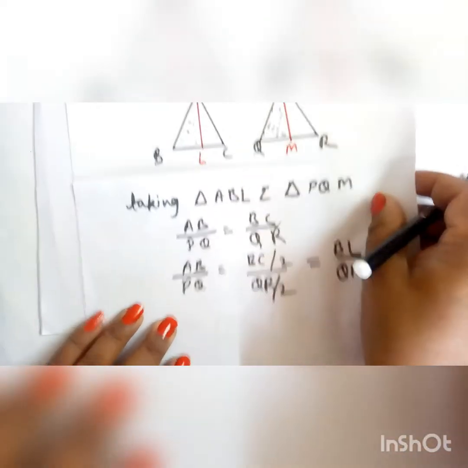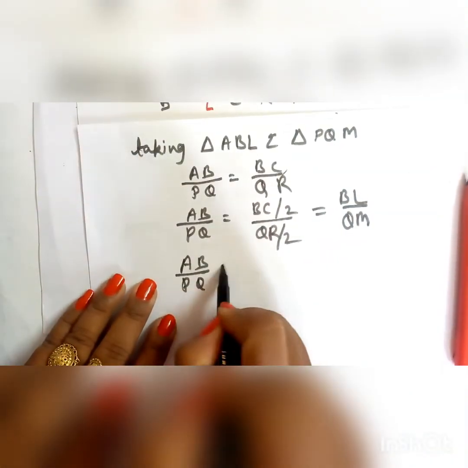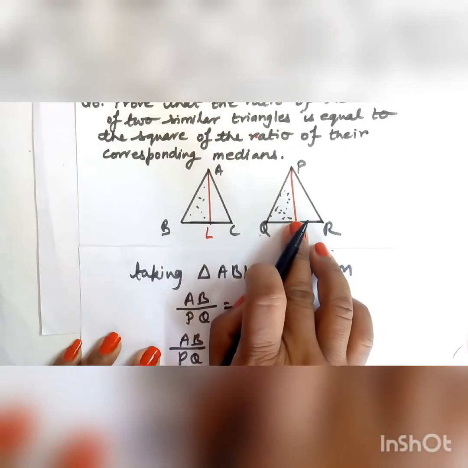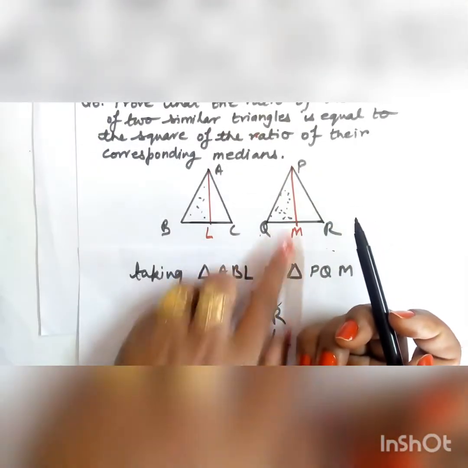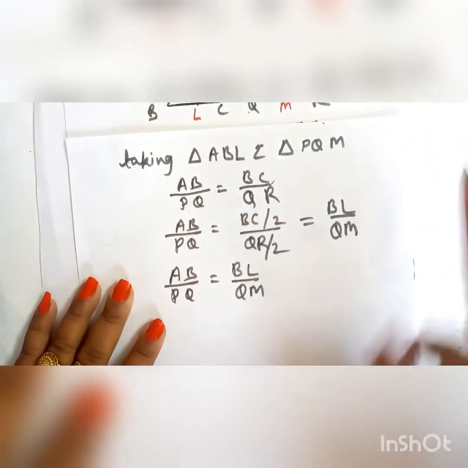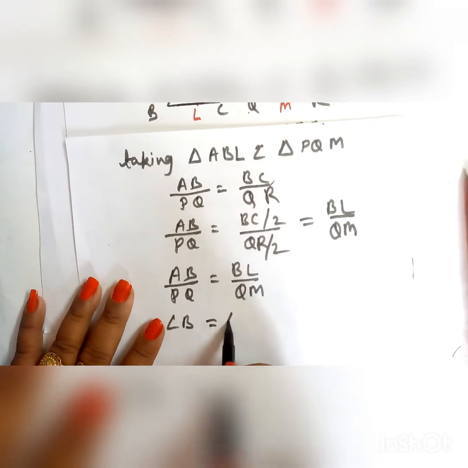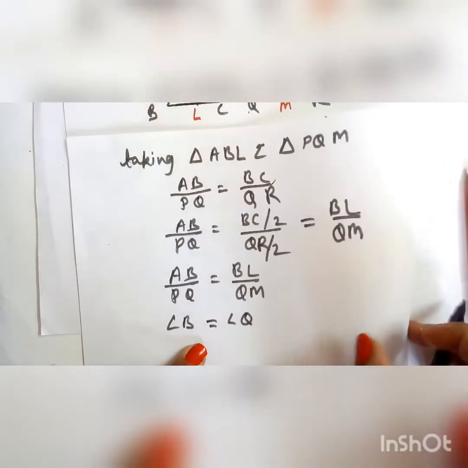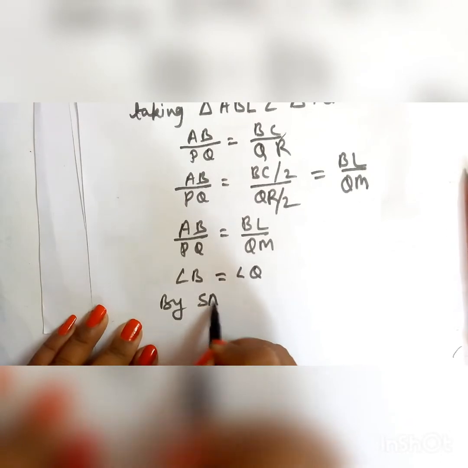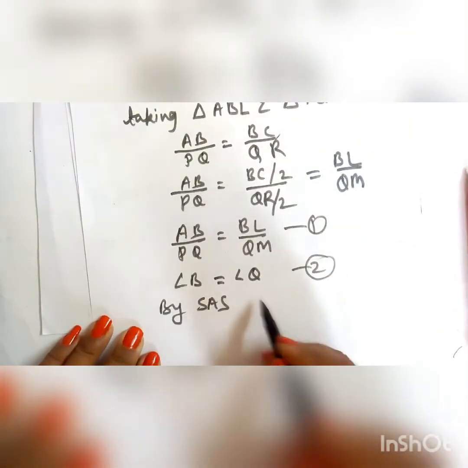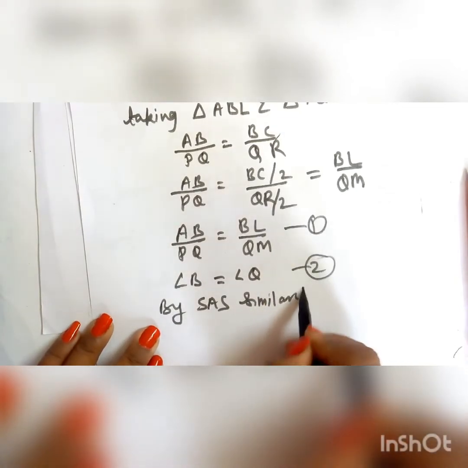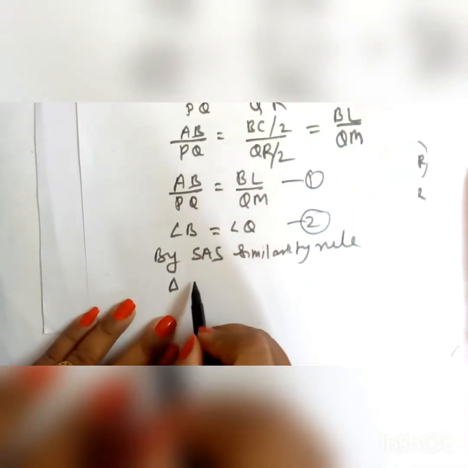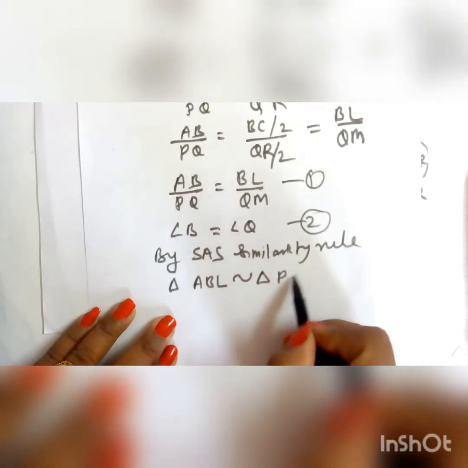So now we have got AB upon PQ is equal to BL upon QM, and we know that since these two triangles are already given similar, so angle B is equal to angle Q. It means by SAS similarity rule, triangle ABL is similar to triangle PQM.